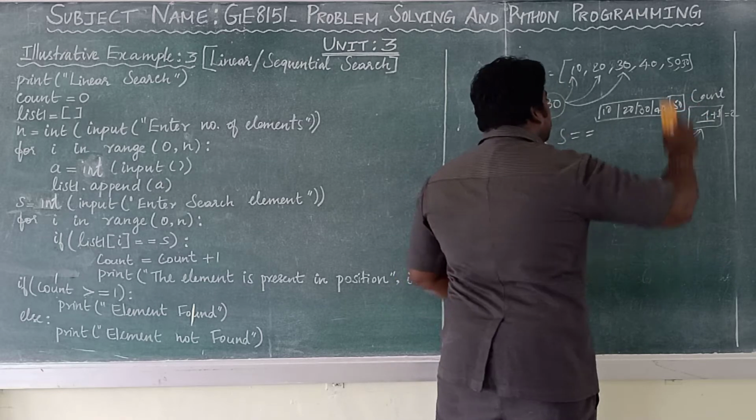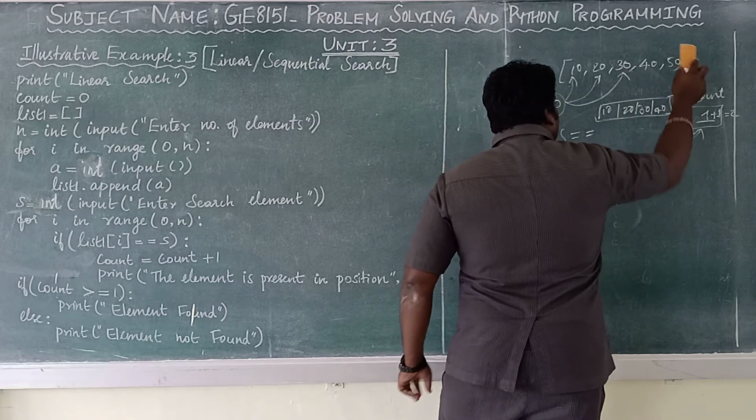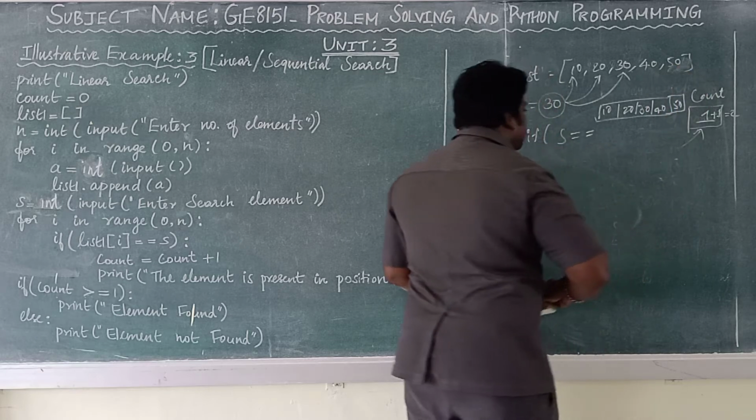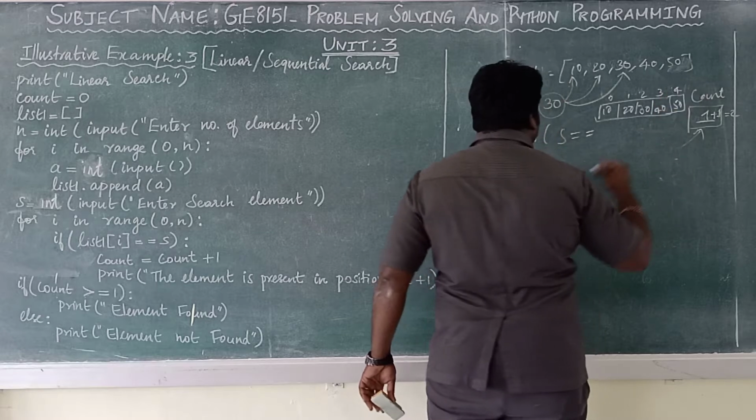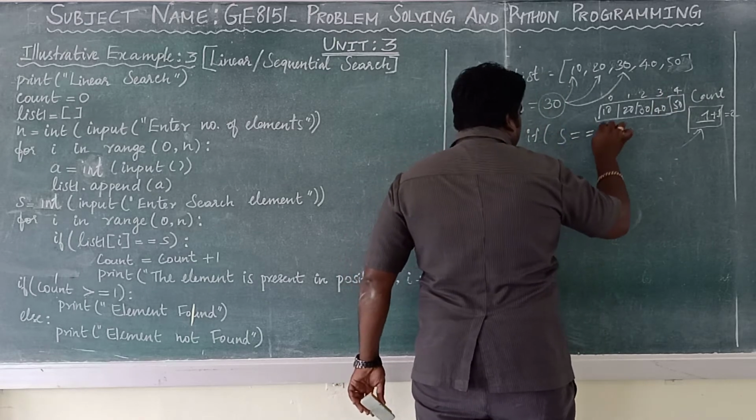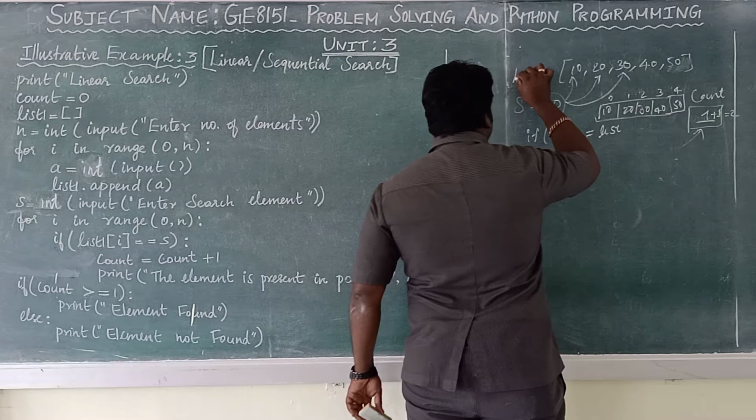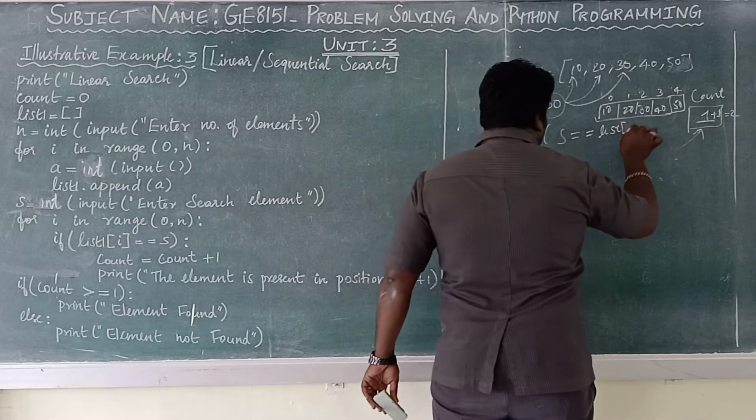So the index will be like this: 0, 1, 2, 3, 4. So S equal to list of 0.